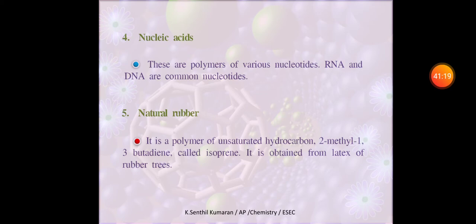And deoxyribonucleic acid, DNA, is common for animals. It is a ribbon-like structure containing many bases: adenine, guanine, cytosine, thymine. These are all linked with phosphate molecules in a ribbon-like structure that is called DNA.